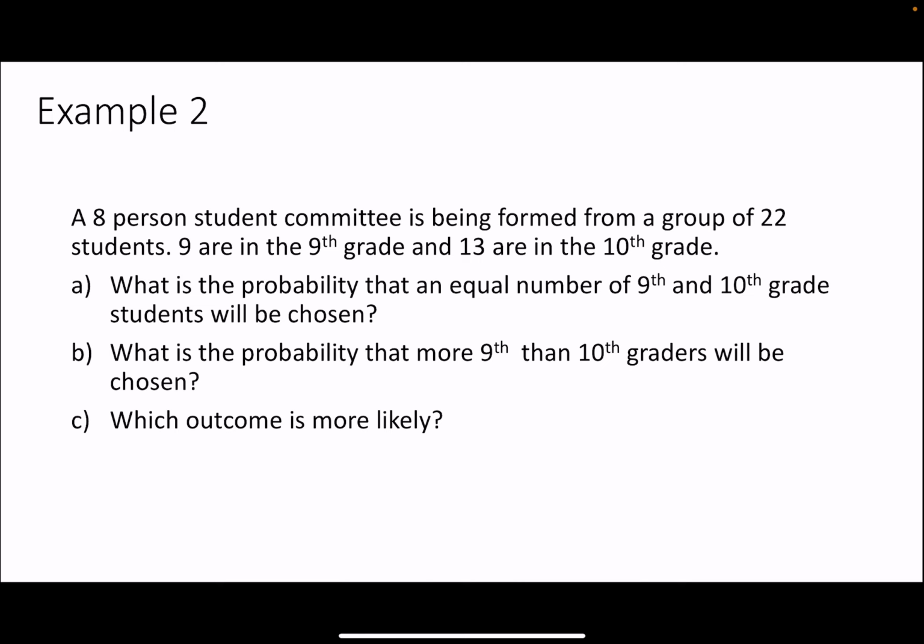So we have to find the total ways that the students can be chosen, and then find how many ways you can choose an equal number of 9th and 10th grade students. So what is the probability that more 9th than 10th graders will be chosen? Which outcome is more likely?